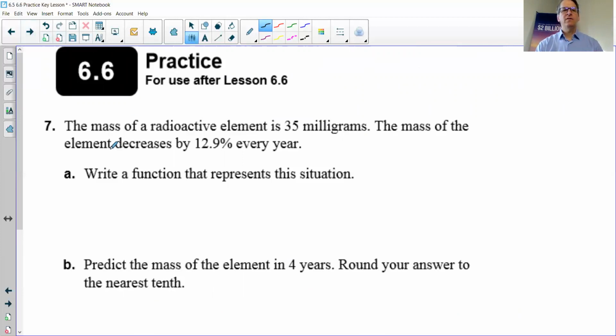So we're going to look at this last one. The mass of a radioactive element is 35 milligrams. So that's your initial amount, 35. The mass of the element decreases at 12.9% every year. Okay, so it is 1 minus the r, where r is 12.9%.